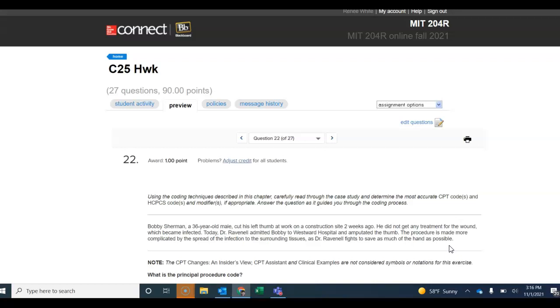We are amputating the thumb. It doesn't say anything about the interosseous transfer, but since it says with or without, that's going to be our option. So our code's going to be 26910.